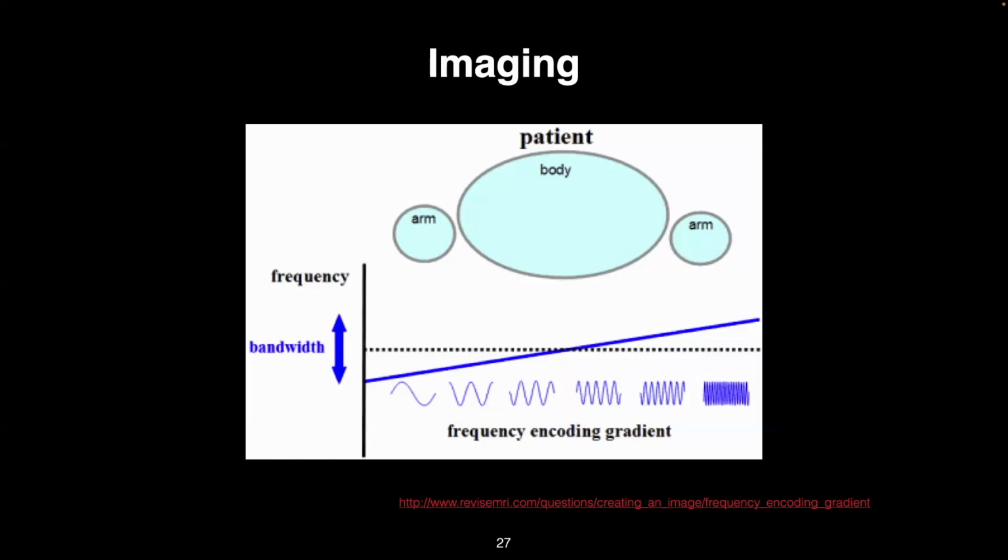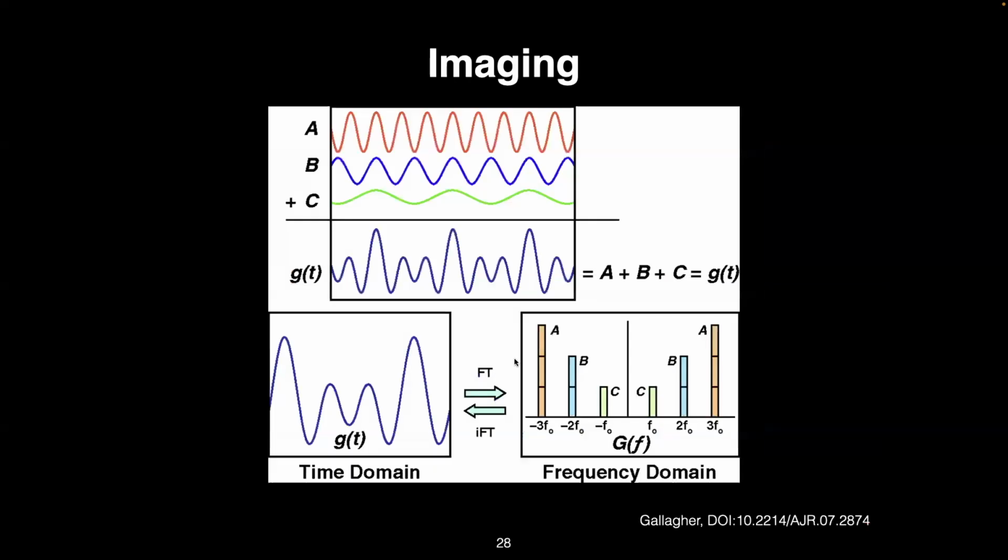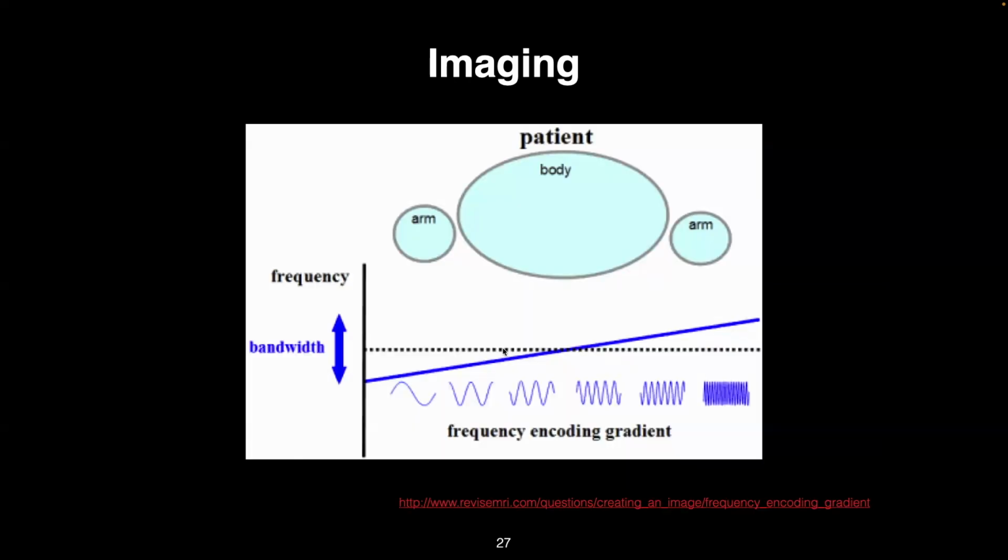And here you can see where the gradient has the opposite polarity to the main field. It is subtracting, or making the field slightly lower here. So this is lowering the frequency of the protons precessing on this side of the subject.